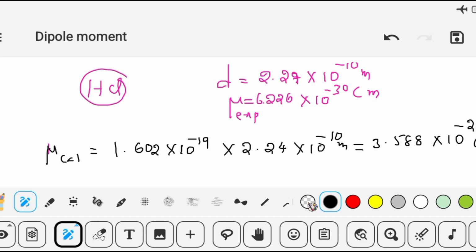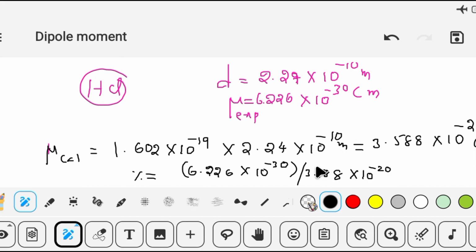Now if you use this value in the percentage formula, mu experimental, that is 6.226 into 10 power minus 30, divided by this value, 3.588 into 10 power minus 29. Both values are in coulomb meters, and it is multiplied by 100.